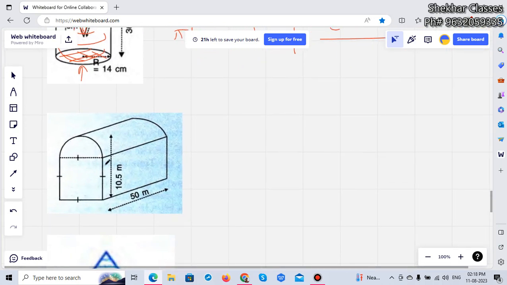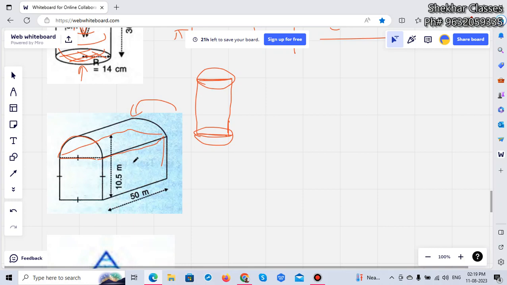If you imagine what kind of figure it is, you see this is a cuboid. This is a cuboid, and on that cuboid what is kept? See, basically, if you have a cylinder and you cut it in half, that half part has been put onto it. Is it clear?